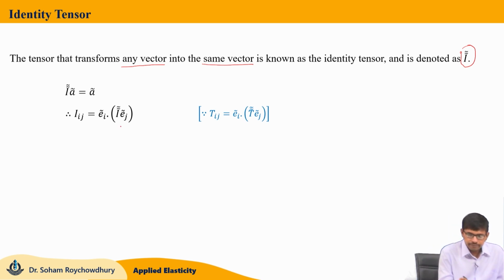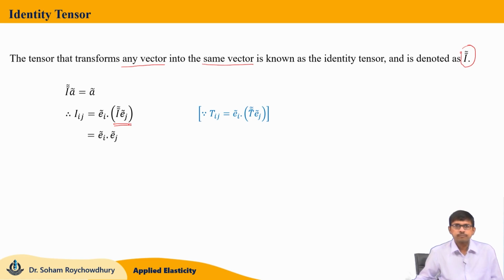Now, by definition of the identity tensor, I acting over e_j would result only in e_j. So, this expression would be e_i dot e_j, which is Kronecker delta, delta_ij. So, the components of the identity tensor capital I are nothing but the components of the Kronecker delta, delta_ij.